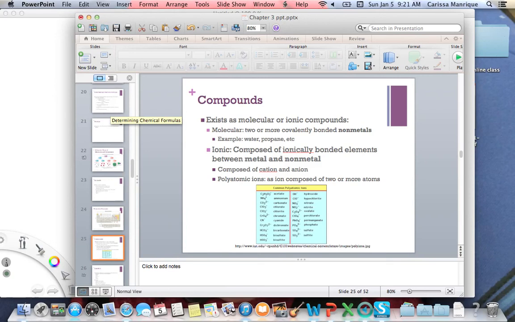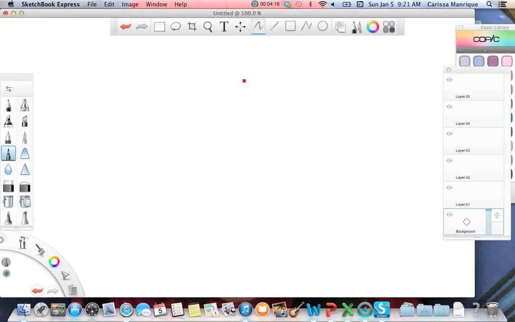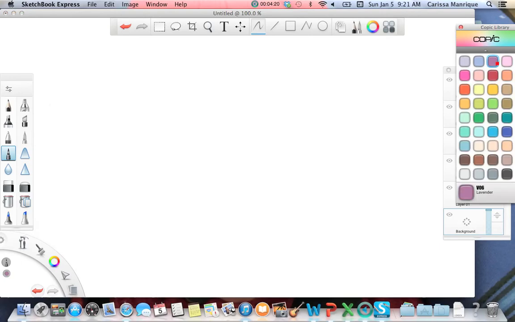Okay, so our first one I want to do is H2. Let's analyze this. It's only made up of hydrogen, so there's not a mixture of different types of atoms.